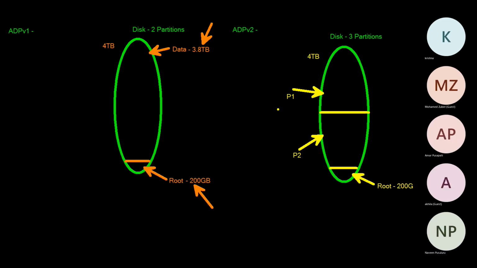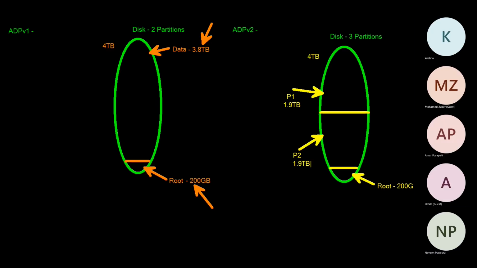Whatever the leftover space, 3.8 TB, will be equally divided, like 1.9 TB here and 1.9 TB here. This is how it will be in ADP version 2.